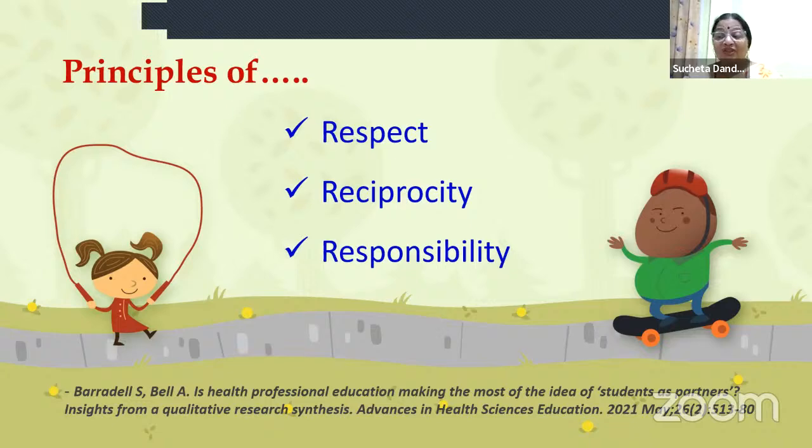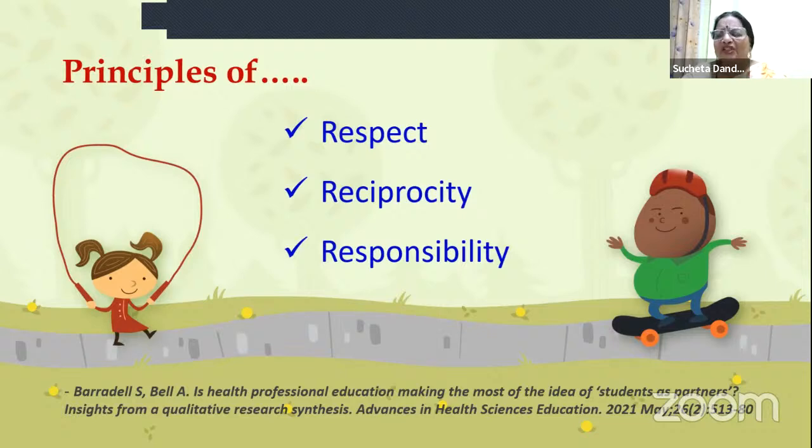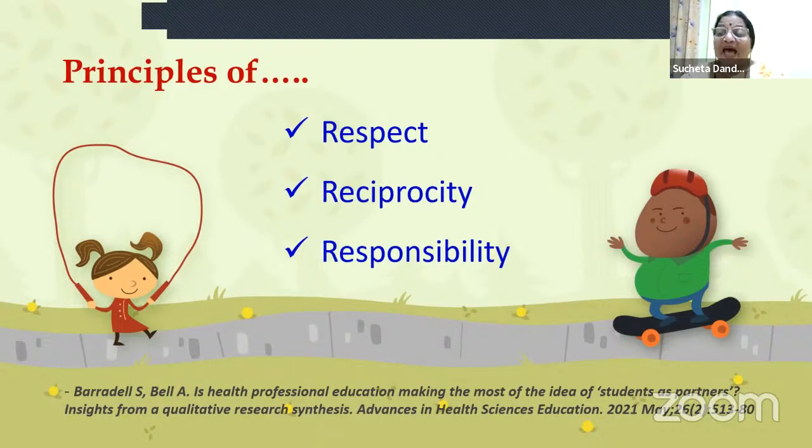So respect is an attitude, a way of thinking and being. Reciprocity brings in a process of exchange. So respect is a sort of a precondition, and reciprocity is a way of interacting, and both lead to a sense of responsibility for the actions and outcomes that the partners are working together to achieve.